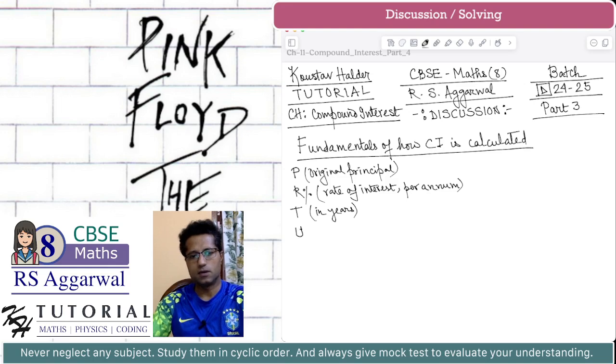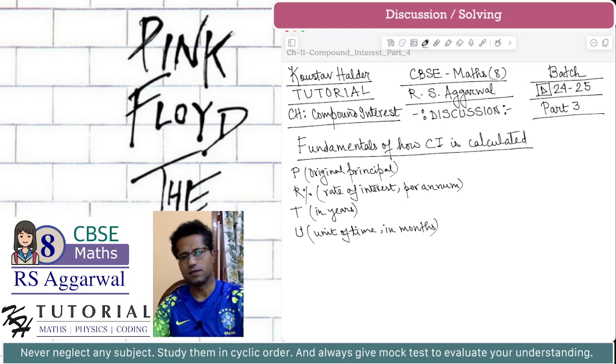This is the unit of time, usually given in months. We will consider that u is in months and t is in years. And we have R%, that is the rate of interest per annum, and we have the original principal. So these are the main inputs of calculating the compound interest.